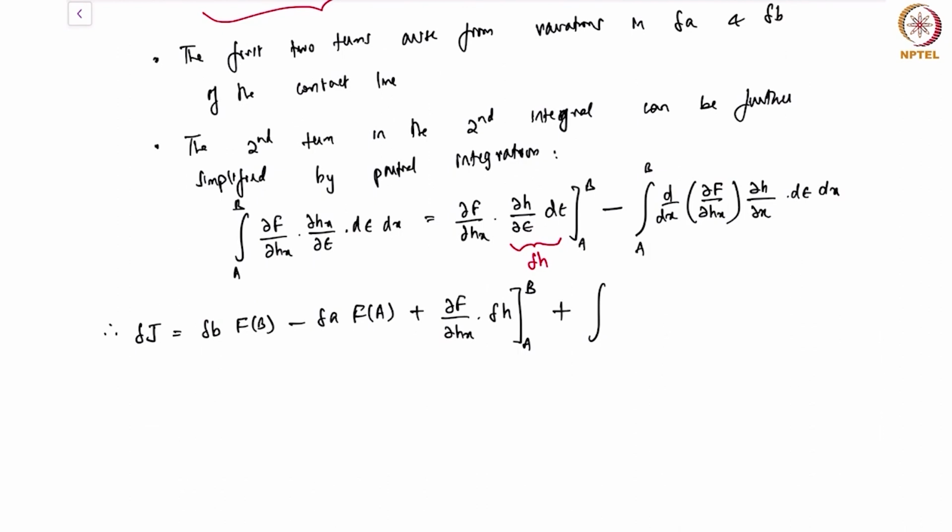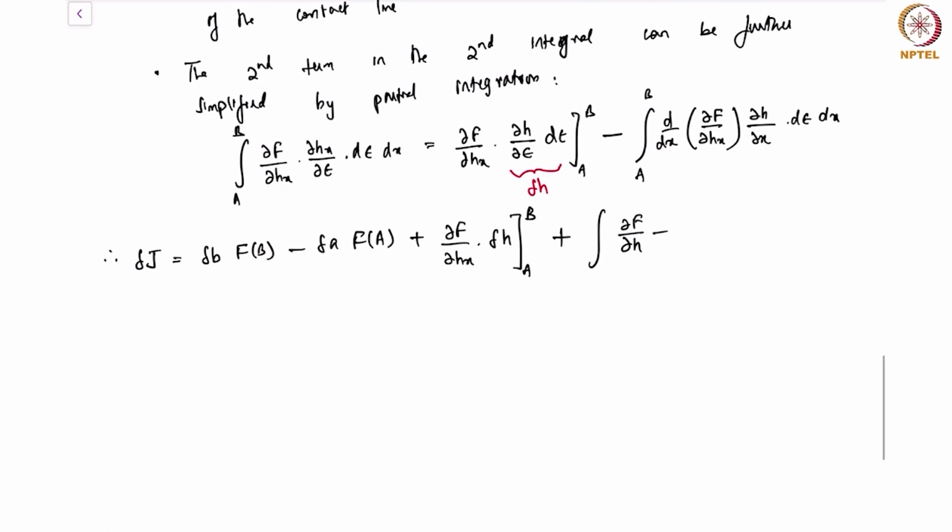I have plus del f by del h minus d by dx of del f by del h_x, delta h dx. This is going from A to B again.